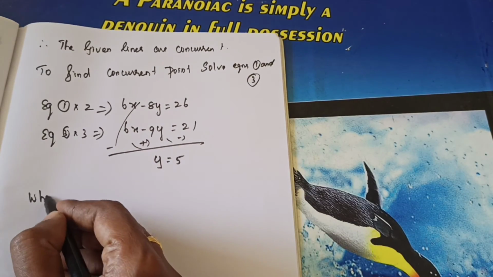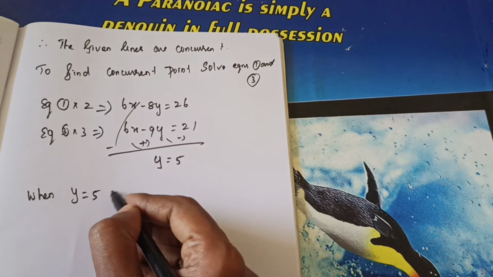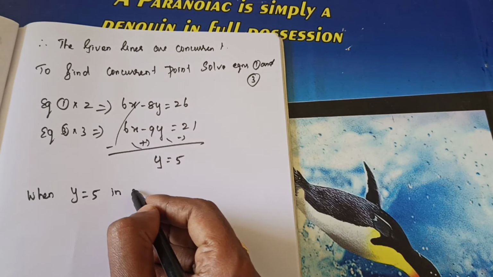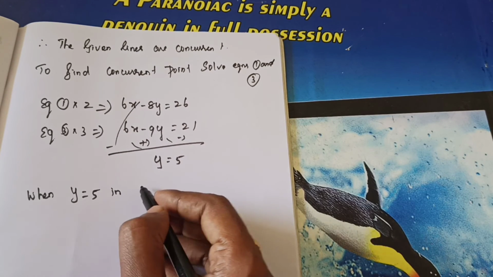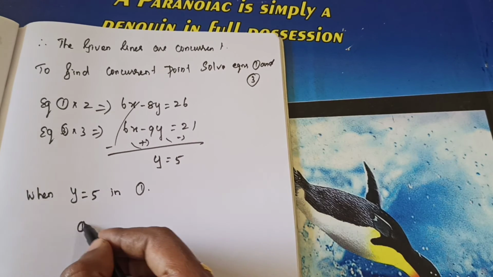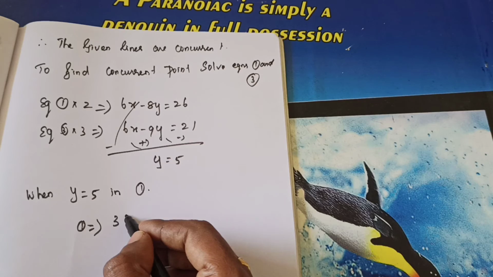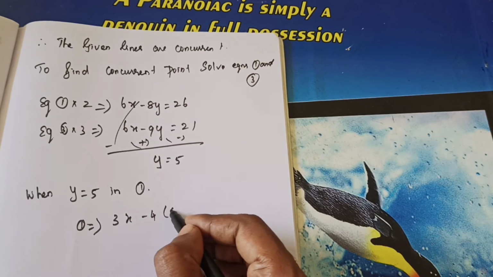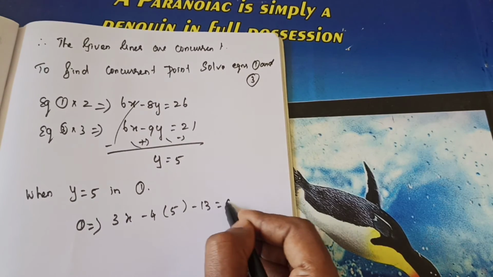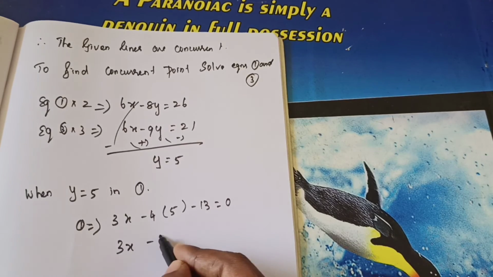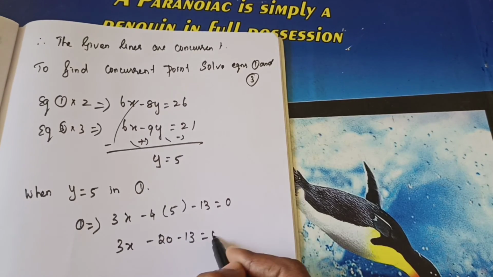Now when y equals 5, in any one of the equations you can substitute. Shall we substitute in 1? So what will happen? 3x minus 4 into 5 minus 13 is equal to 0. So 3x minus 20 minus 13 is equal to 0.